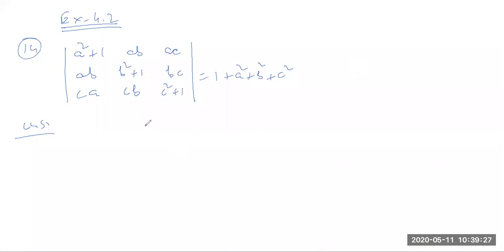Okay, in this question, do one thing first of all. You have to get the term of 1 plus A square plus B square plus C square.